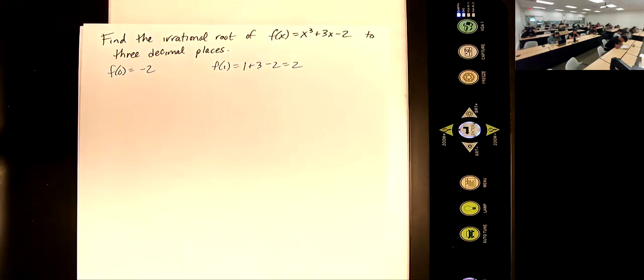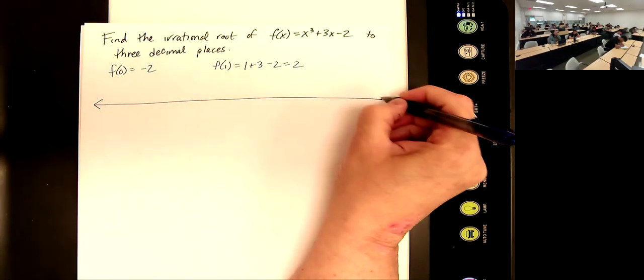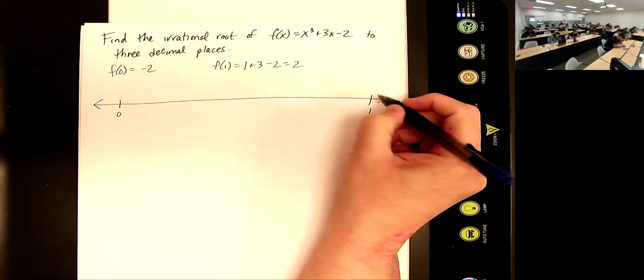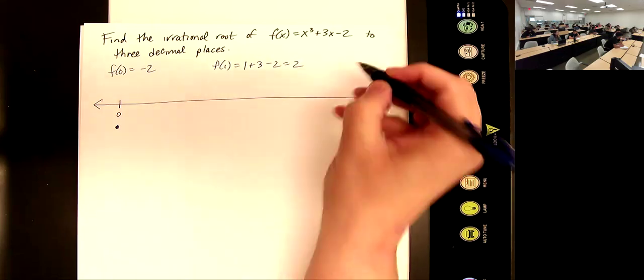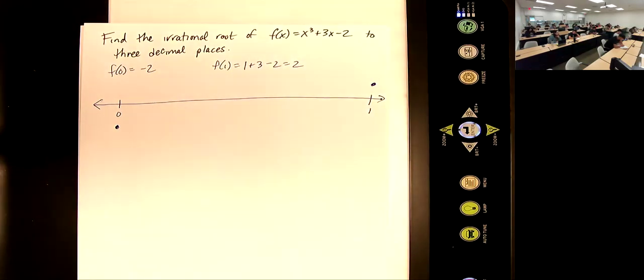So it's somewhere between 0 and 1. This is below and this is above, and they're both equally apart, both 2 away from the 0.